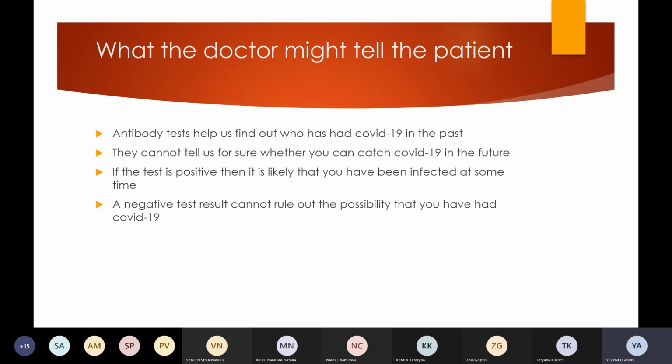It also does not mean that you are immune to this infection. So this is why physicians usually do not prescribe it, because it provides us with very little information besides the fact that you have had COVID-19, and that's it.